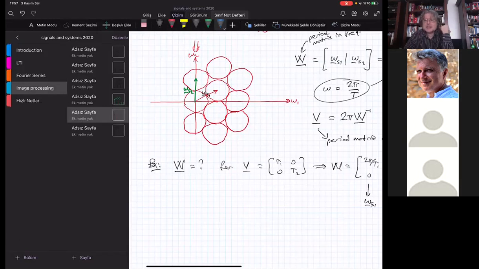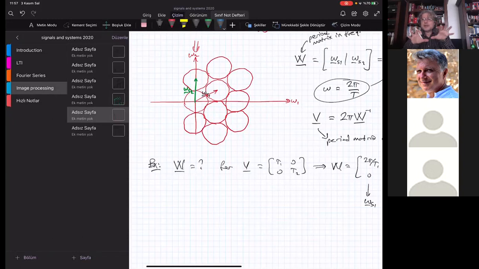Where, as you see, these hexagonal samples are not 2 pi by 2 pi periodic in their original format. You must make a smearing, some rotation and scaling at the same time, which is a smearing effect. So smearing wise, these must be corrected to become 2 pi by 2 pi periodic in the Fourier domain. So the results will not be like these circles anymore. When you look at the discrete time Fourier transform, they won't be circles.